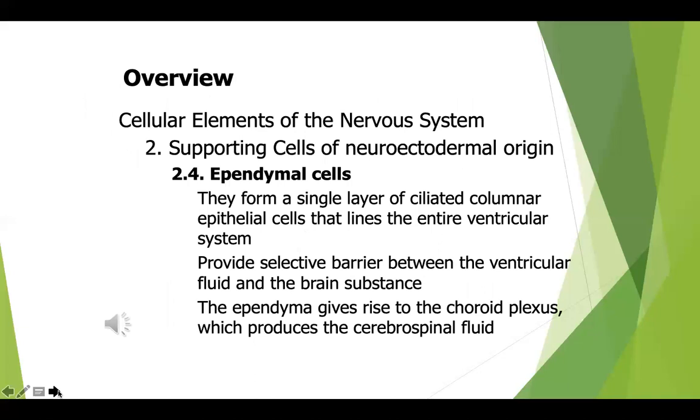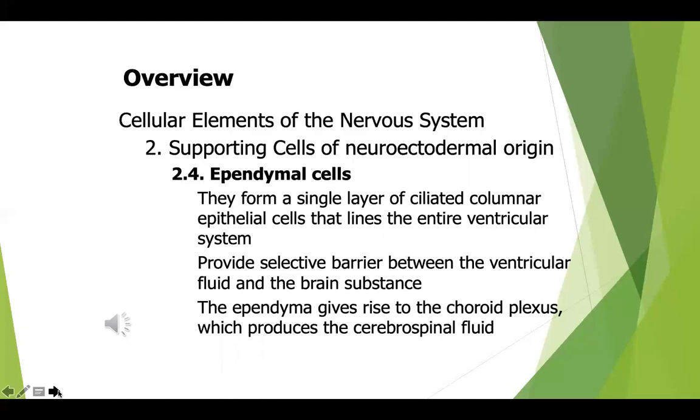Then we have the ependymal cells. Again, this is of neuroectodermal origin. They're the ones that line the ventricular system. So they form a single layer of ciliated columnar epithelial cells lining up the entire ventricular system.